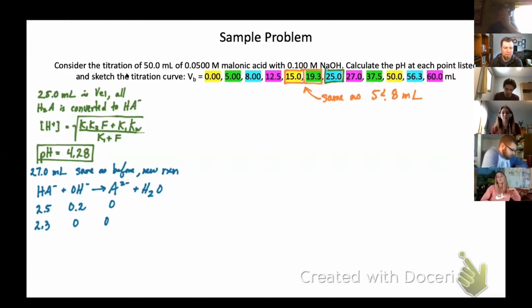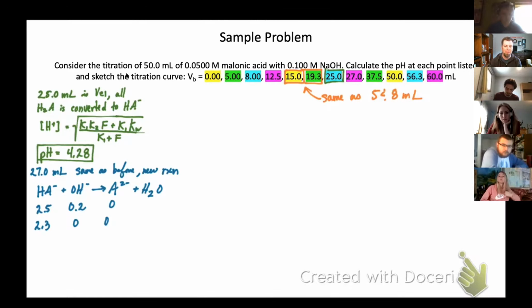We're now considering HA minus going to A2 minus, right? And so that reaction switches over at the equivalence volume, which means that now we've only got 2 milliliters of this new titration. It's almost as though up to equivalence volume 1, you were doing a single titration, then you automatically switched and started another titration. And so you're accounting for only the amount that you've titrated since the last equivalence volume.